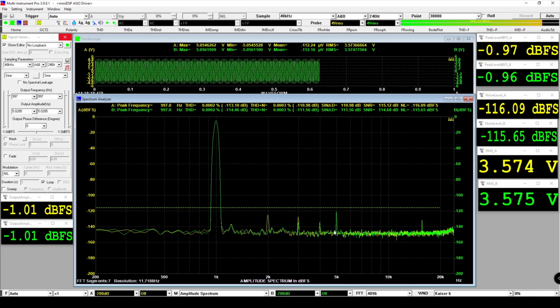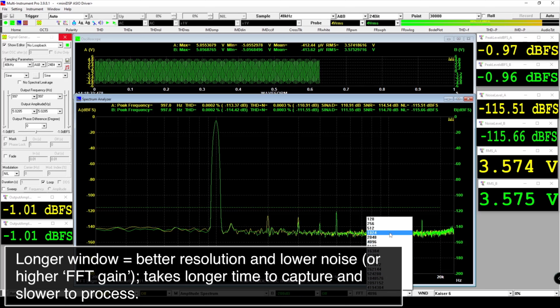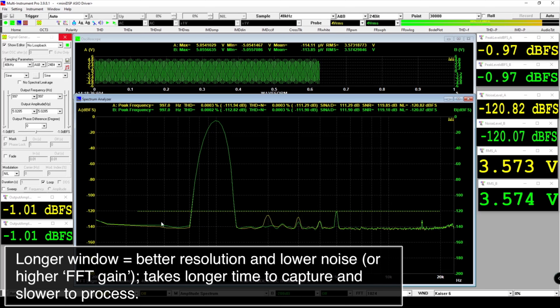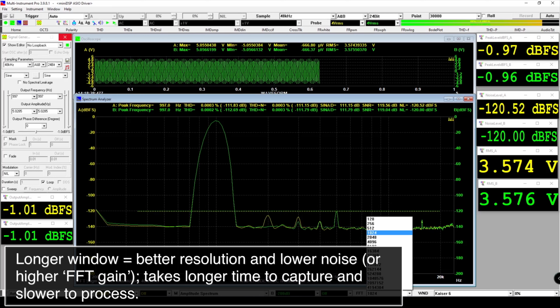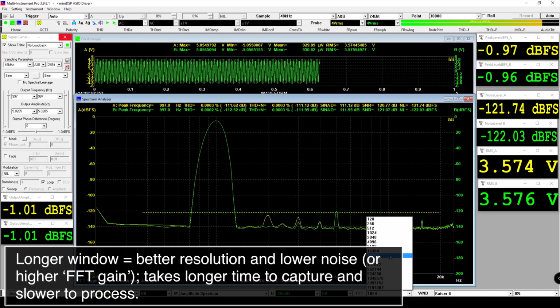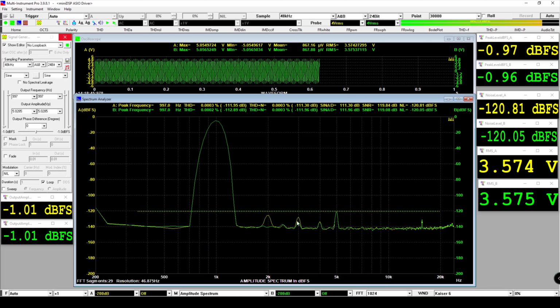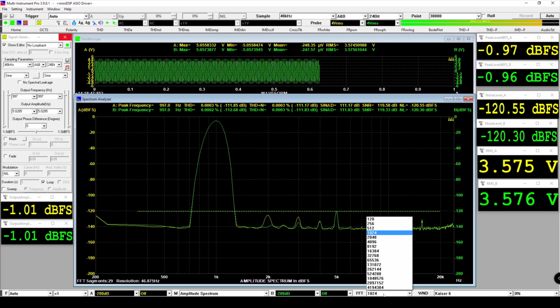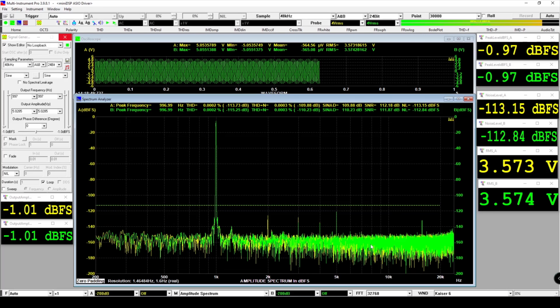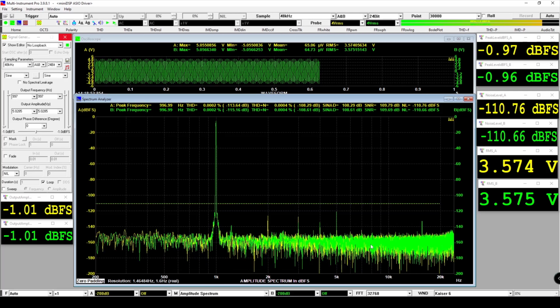Everything becomes a bit wider, so it's not as accurate, the resolution gets lower, and the noise floor also goes up. So if the tones are close to one another and you have very poor resolution, you won't be able to tell them apart anymore. So you need to select a certain window length for that.